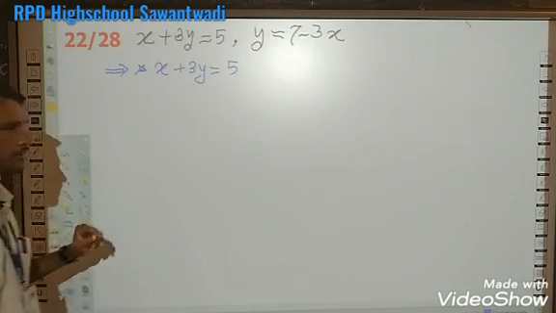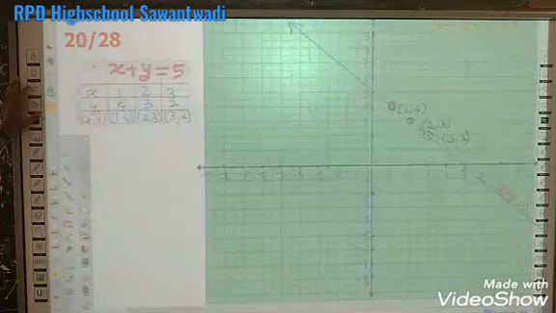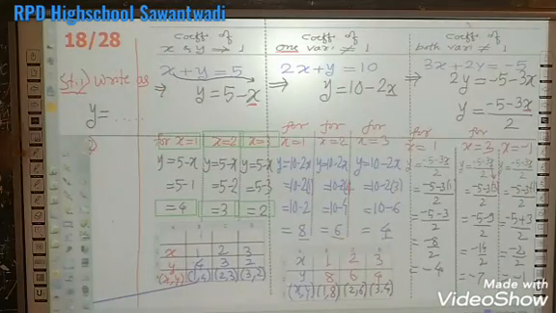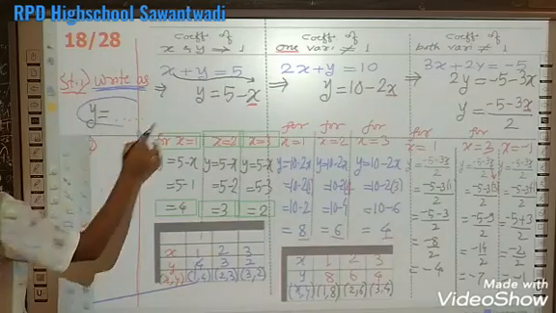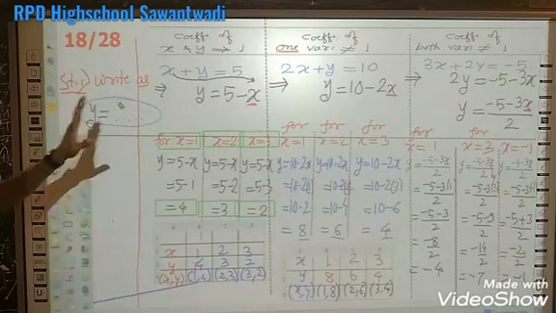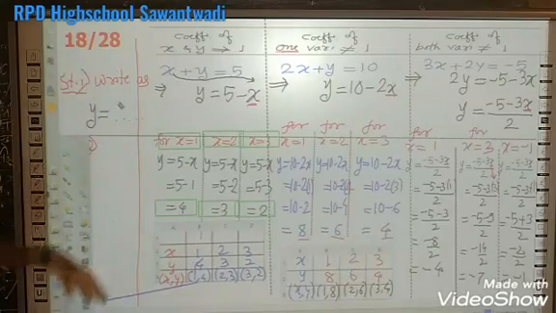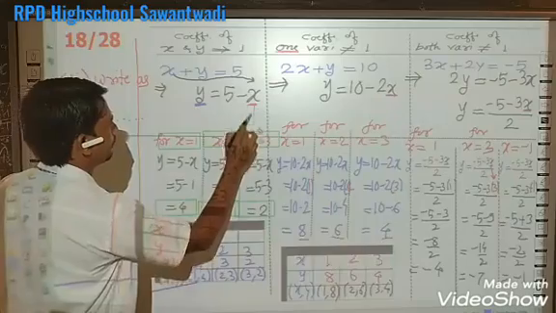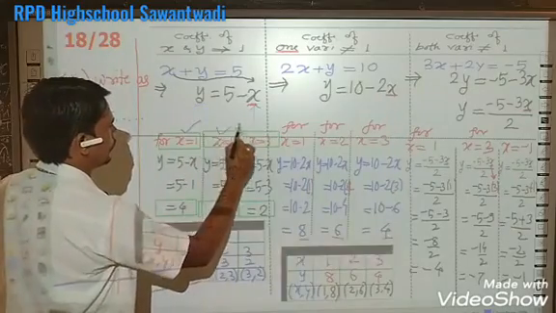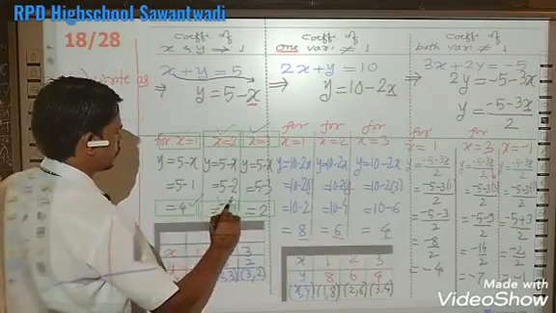What is the first step given in the earlier example we studied? It was written: write as y is equal to. It means you get the equation in y is equal to format, and then you select values of x as 1, 2 and 3 and get values of y.